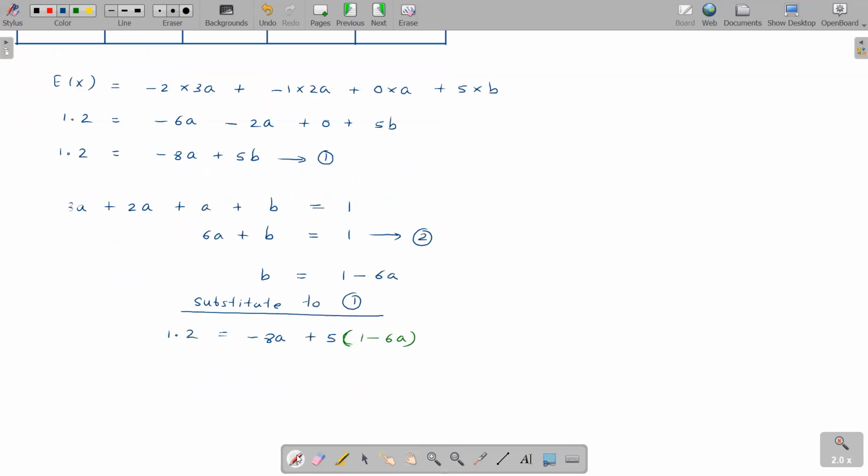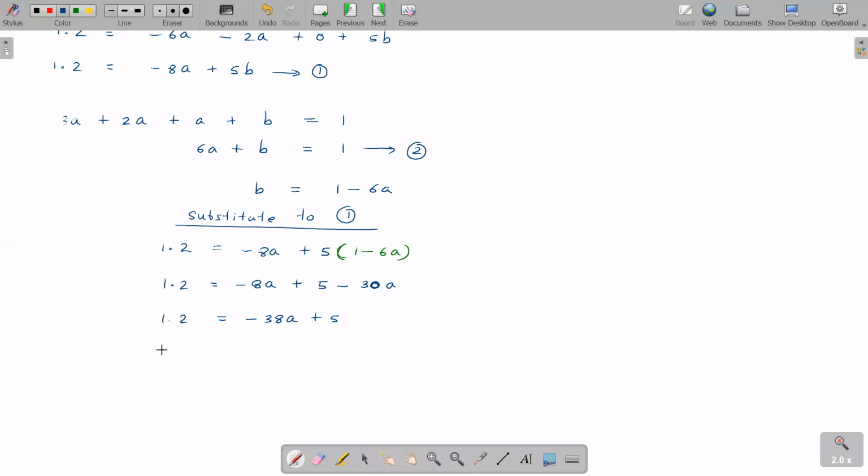So then we get here 1.2 equals -8a, expanding the bracket, 5 into 1 is 5, minus 5 into 6a is 30a. So 1.2 equals -8a minus 30a, which is -38a, plus 5. Is that okay? And then I get here plus 38a equals 5 minus 1.2.